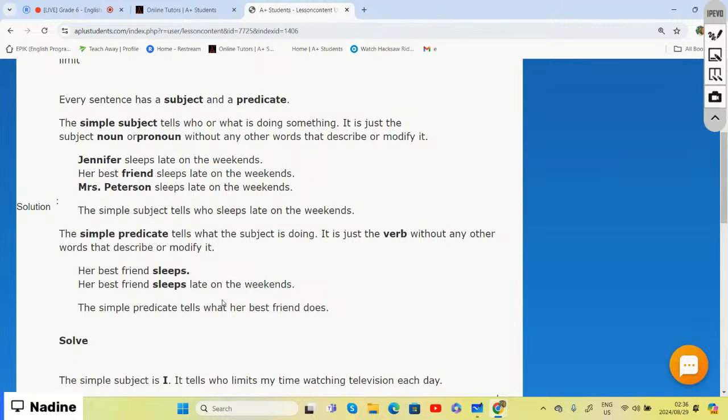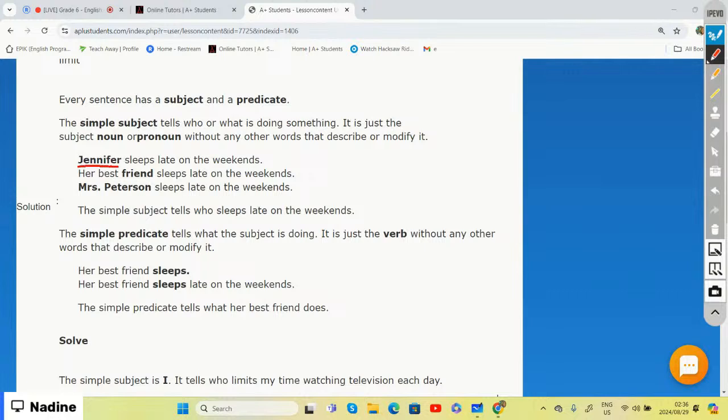And if we were to identify our simple subject, right? Only the noun or pronoun without any other words, we can say it is Jennifer.